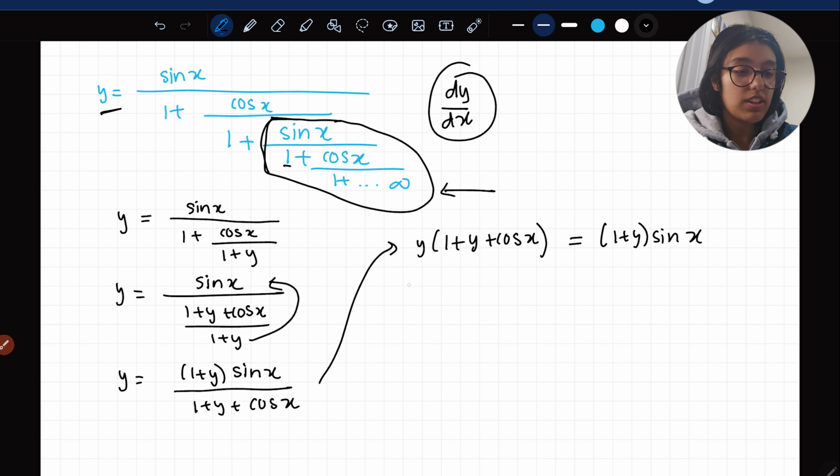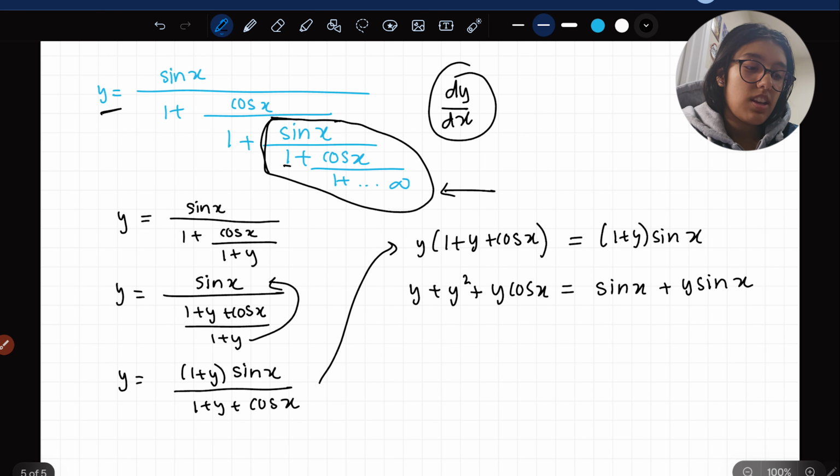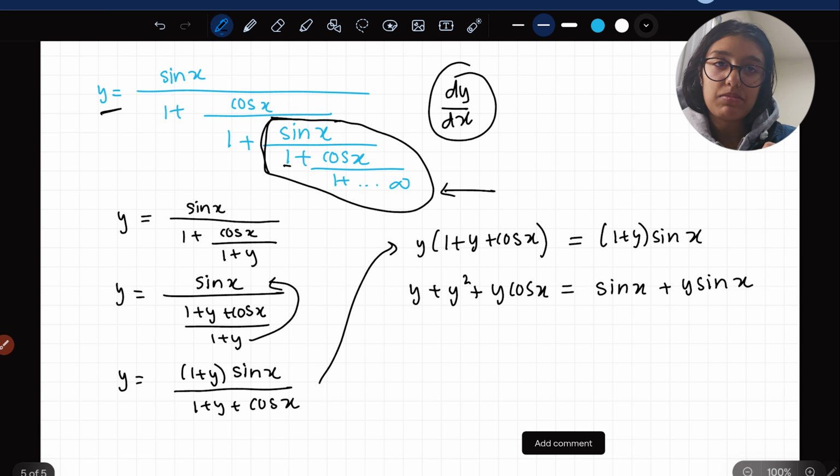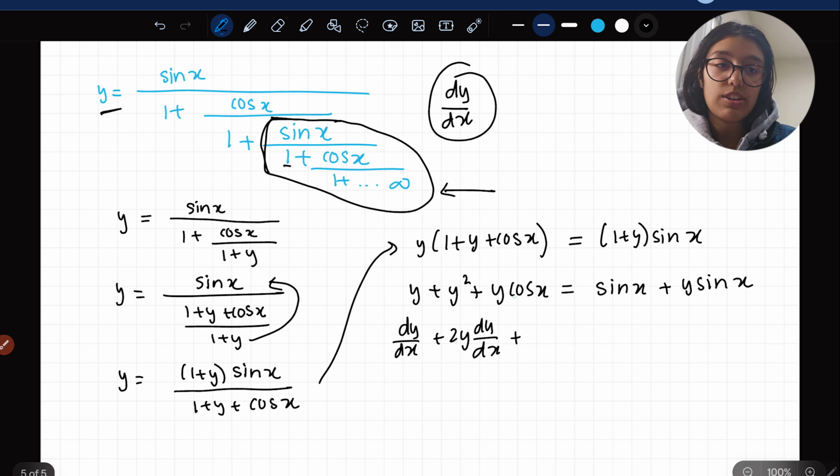Now I'm just going to expand everything. So left side will be y plus y squared plus y cos x is equal to sine x plus y sine x. Now it seems that I've simplified everything. So now I'm going to take the derivative. So derivative of y, remember, implicit differentiation, derivative of y is dy over dx, plus 2y dy over dx plus, chain rule, so product rule.